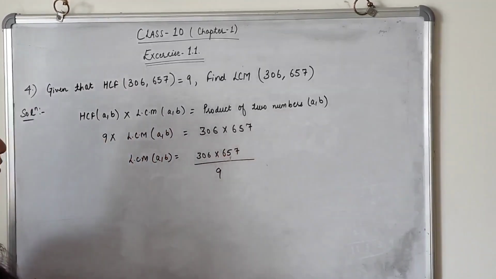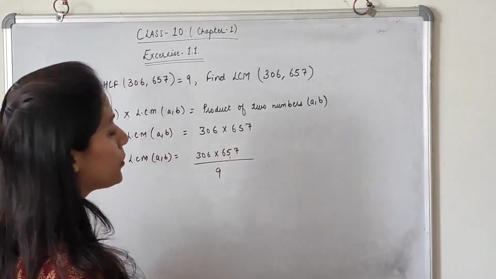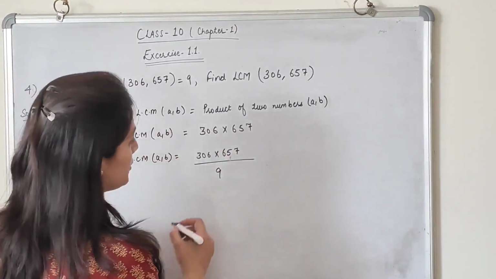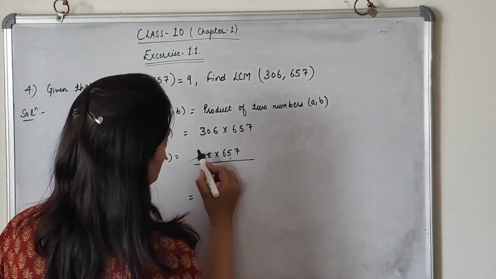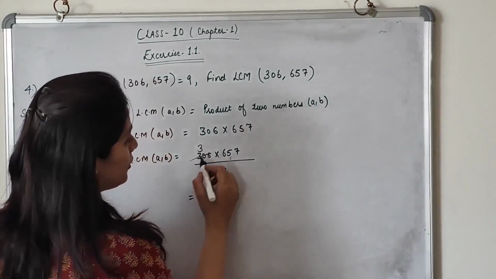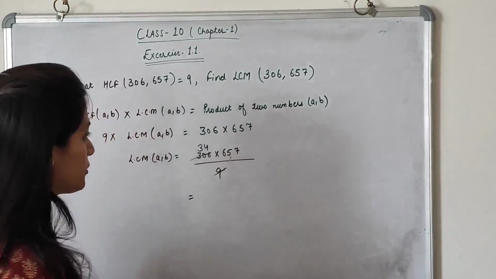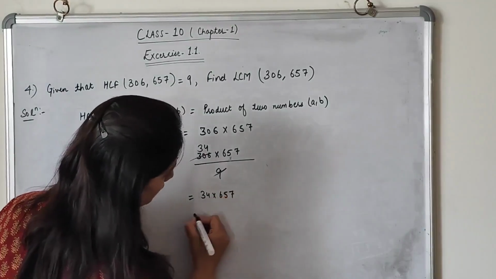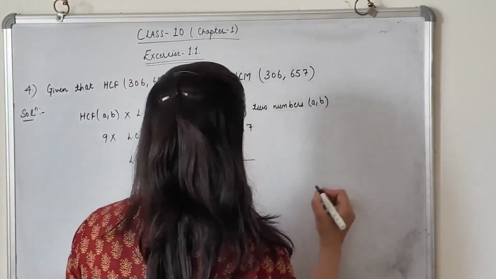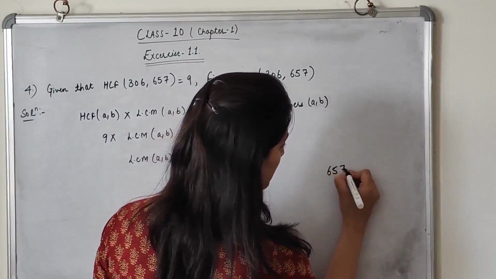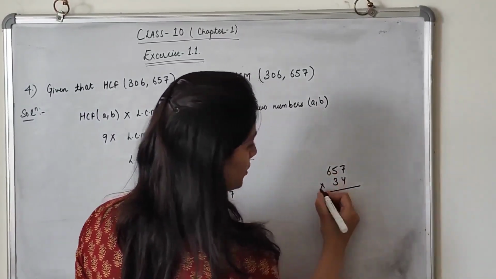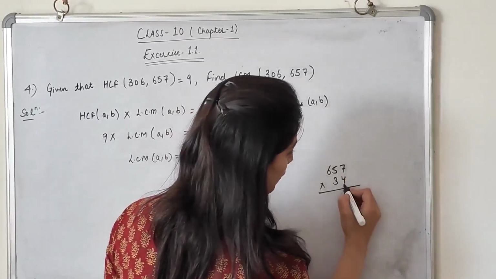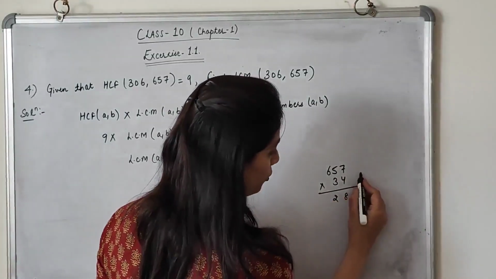So is 306 divisible by 9? Yes. 9 3s are 27, 9 4s are 36. So 34 multiplied by 657 is equal to, which is 657 into 34. 7 4s are 28, 2 carry, 5 4s are 20, plus 2, 22.